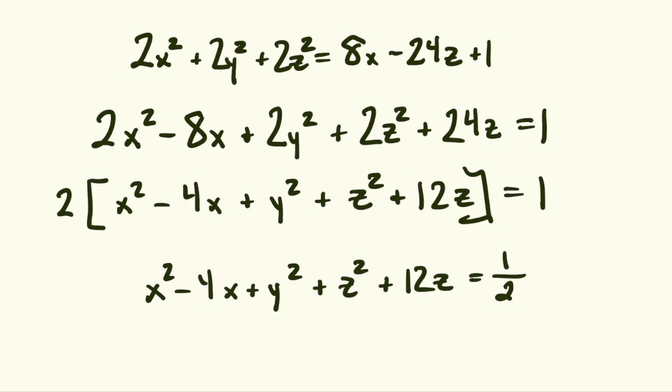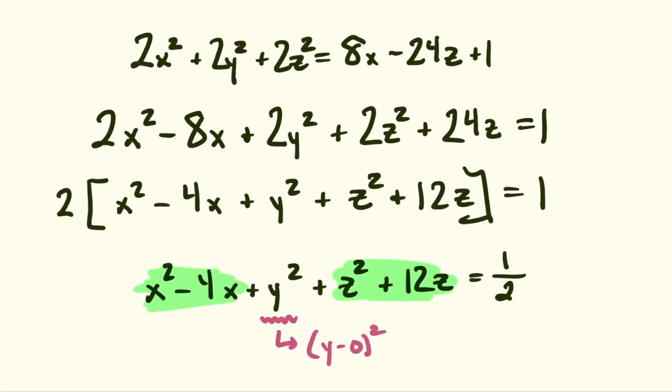The thing that we have to worry about now is you'll notice that our x values have an x² − 4x instead of an (x − something) quantity squared. Similarly, our z's also are problematic. We're going to have to do something to get that where we want to be. This y, on the other hand, is going to be very simple because y² is the same thing as (y − 0)².